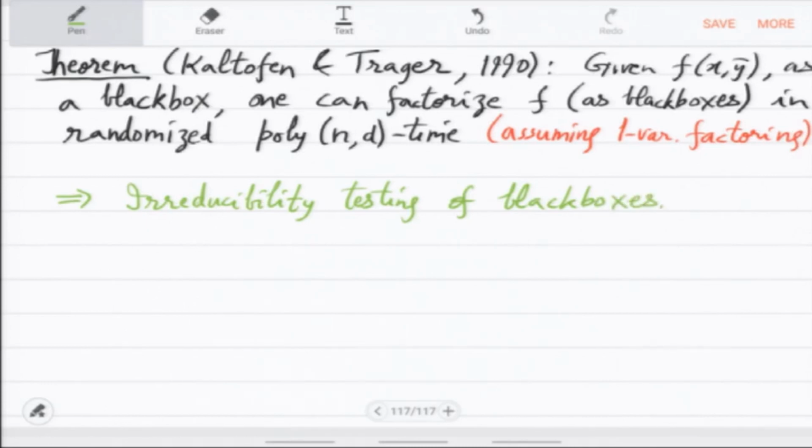Also, the proof can be slightly modified to show that if you are presented f as a circuit, then its factors are also small circuits.